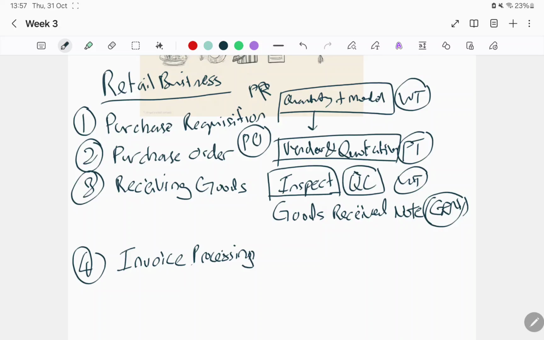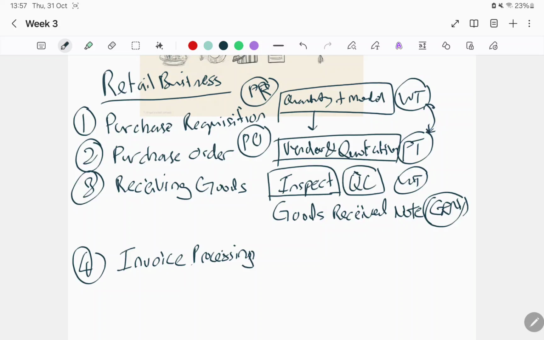So do you check the purchase requisition when you want to process? Of course, we don't check the purchase requisition, because the purchase requisition is in between the warehouse team and the purchase team.